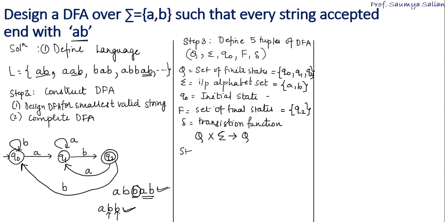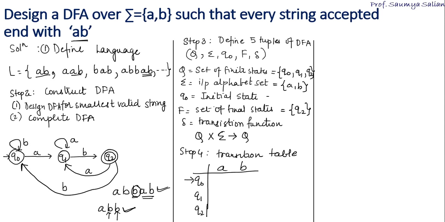Next step, define the transition table. Let's construct a transition table over here. I have inputs A and B, states Q0, Q1, Q2.